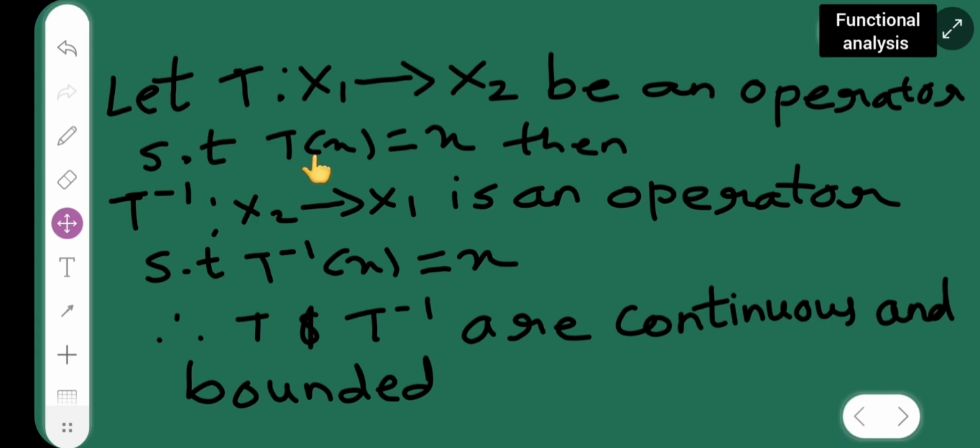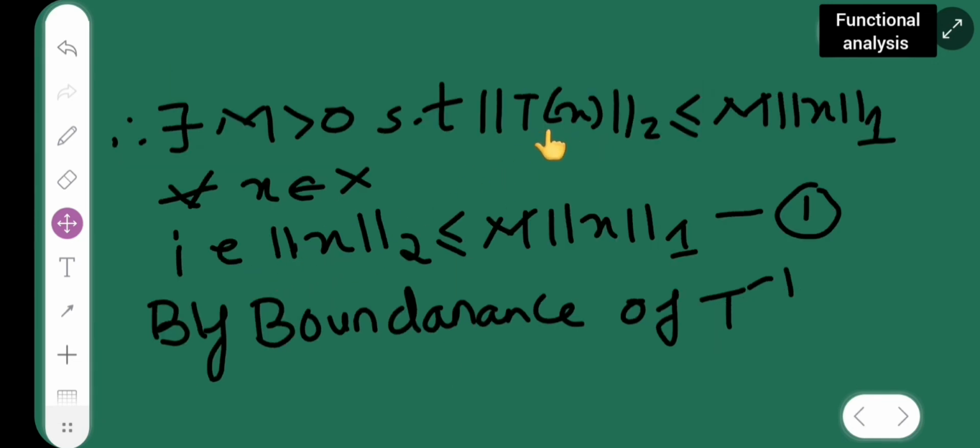T of x is equal to x, so instead of T of x I have put x. Norm of x in X2 is less than or equal to M into norm of x in X1.